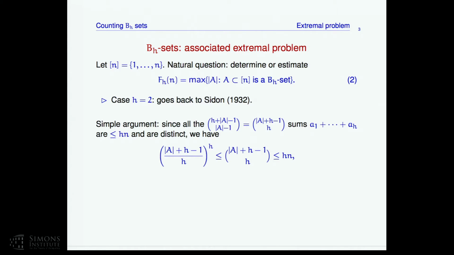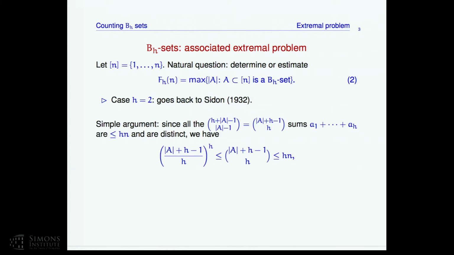How many sums can you produce that way? You can produce roughly |A| choose H, because you have to select from your set A. Since you allow repetition, you actually get |A| plus H minus 1 choose H, but it's roughly |A| choose H.